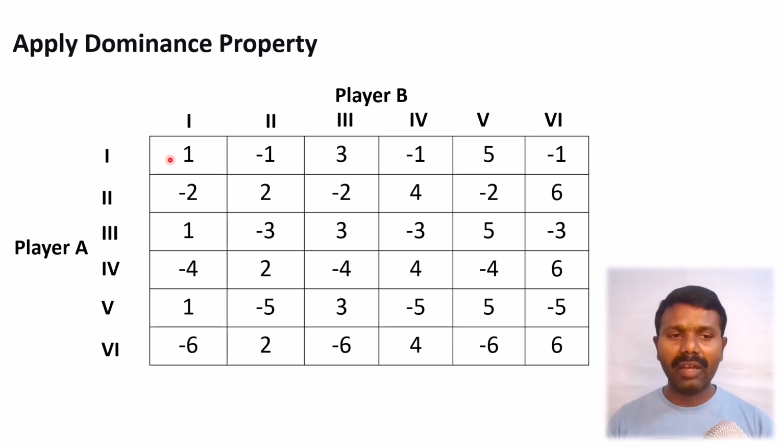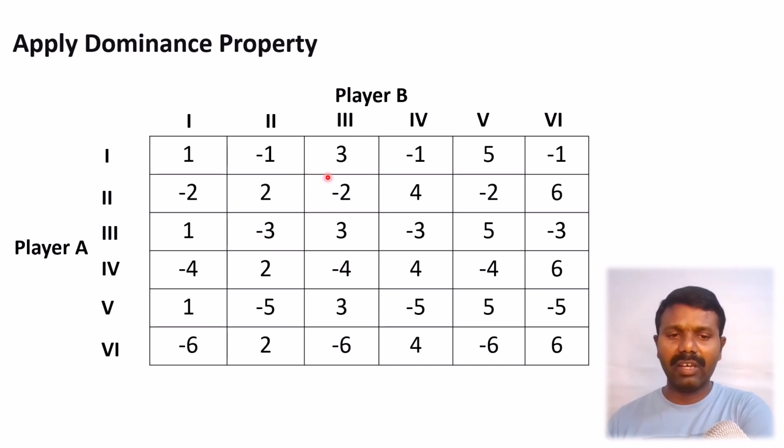Then if you compare the first strategy with the third strategy, 1 is equal to 1, so neither dominates. But in the second column, minus 1 versus minus 3, minus 1 is the bigger number, so the first strategy is dominating the third strategy.